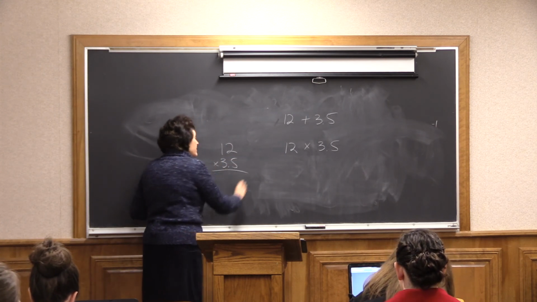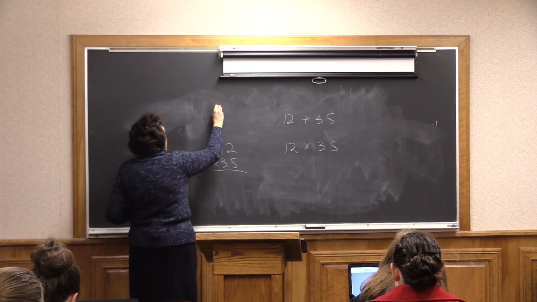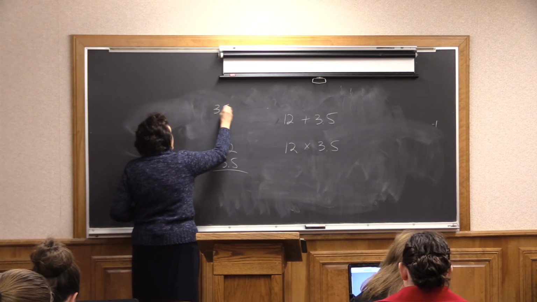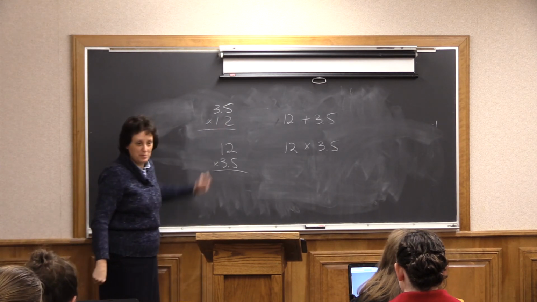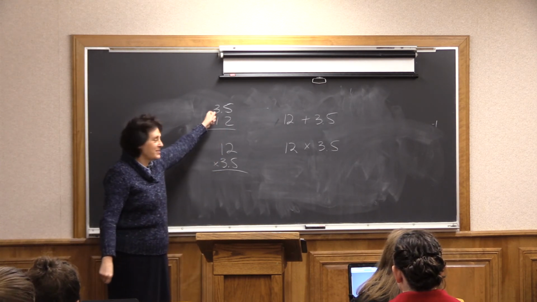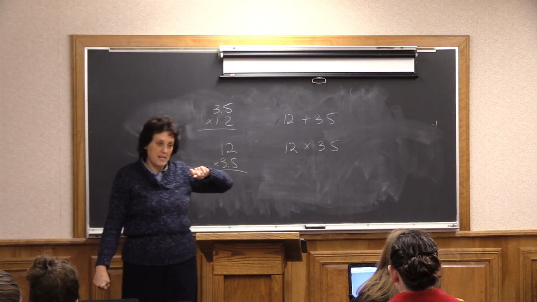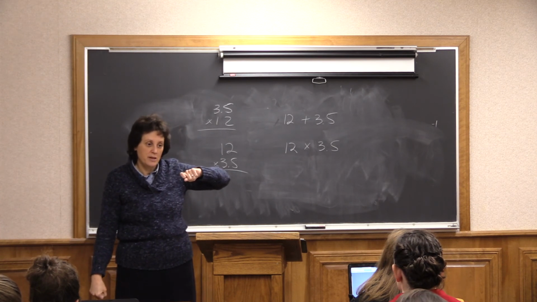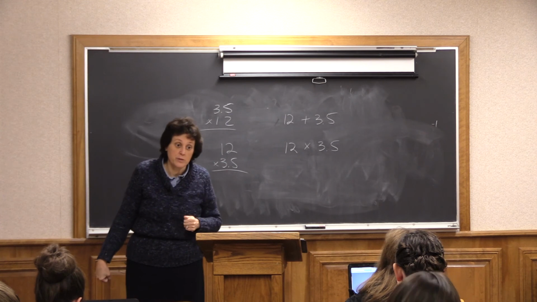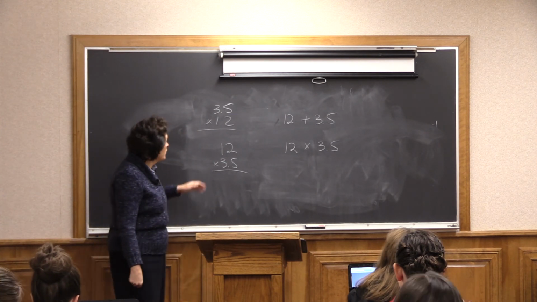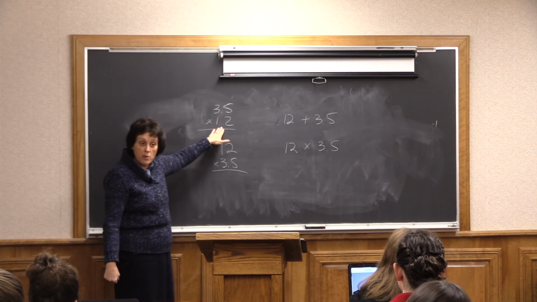I just do it. Actually, I would probably do it this way, because I like having the smaller numbers in the multiplier and the larger numbers in the multiplicand. And actually those names don't really have any meaning because they're both factors and it doesn't matter which one's which, does it?